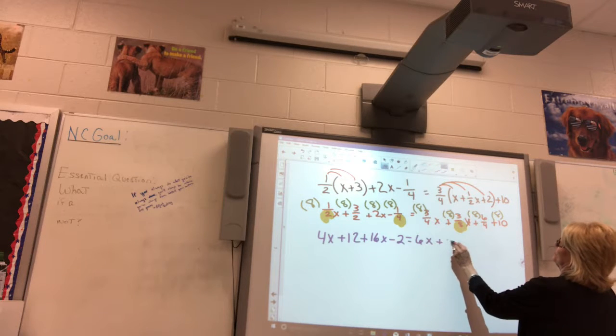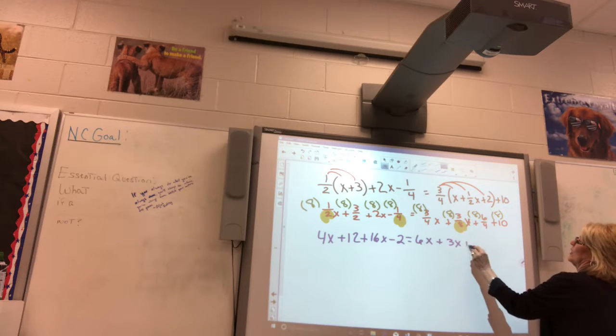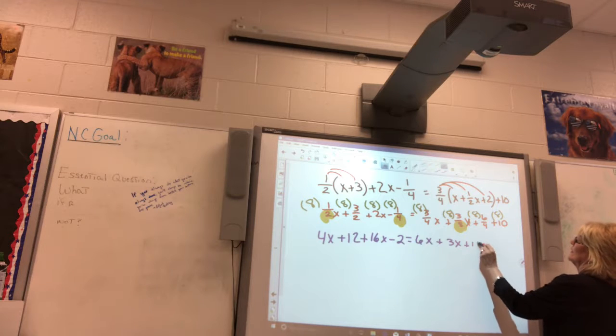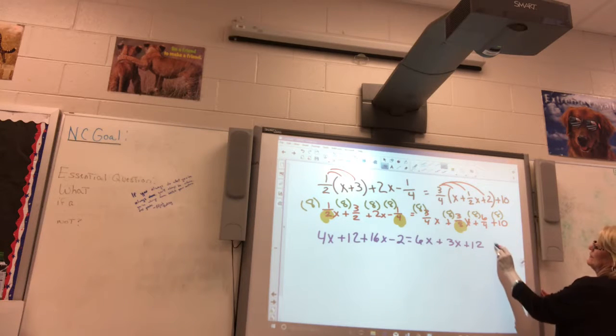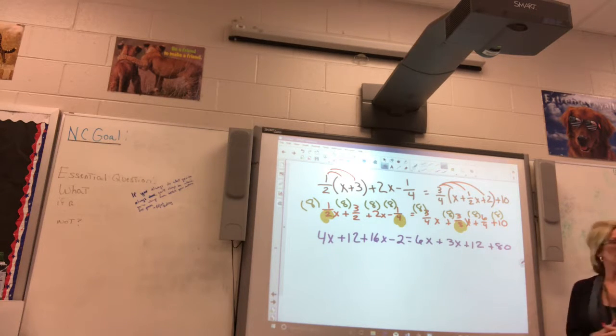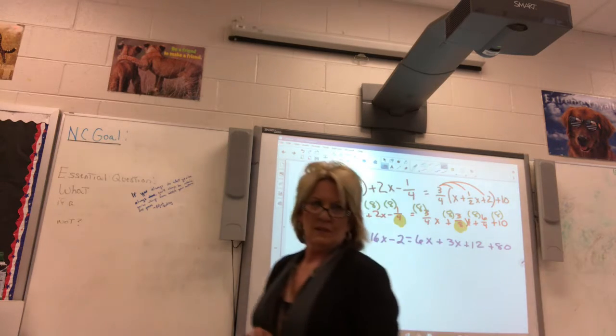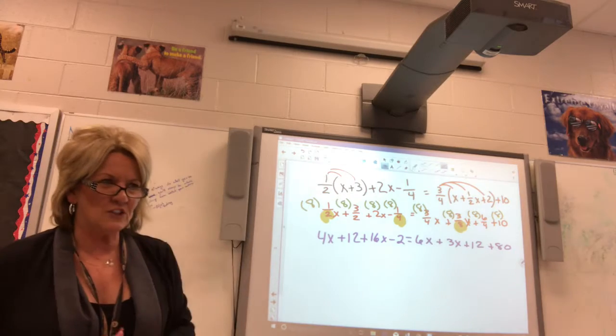That becomes a 3x. Plus 8 times 6, you got a calculator, folks. 8 times 6 is 48, divided by 4 is 12. And the last one is 8 times 10, 80. All of my fractions are gone. Do you understand what I just did?